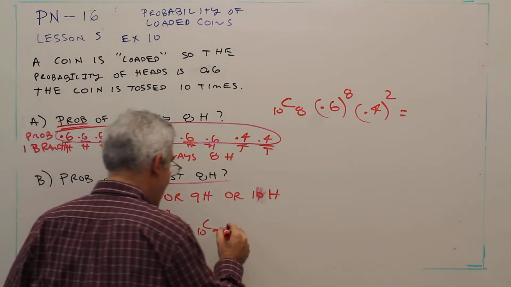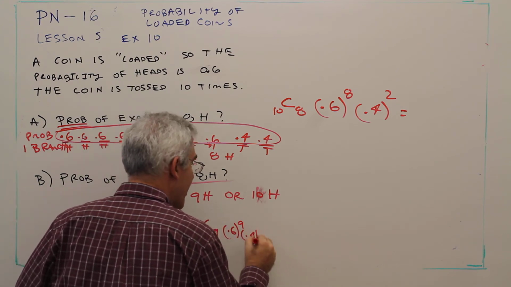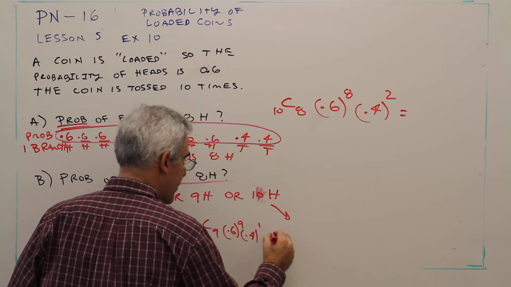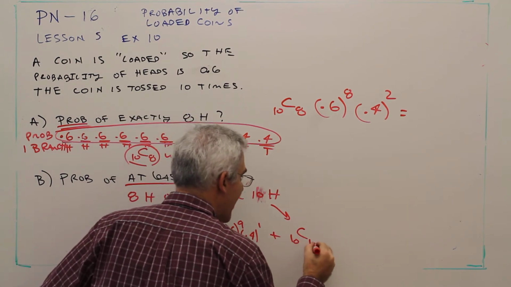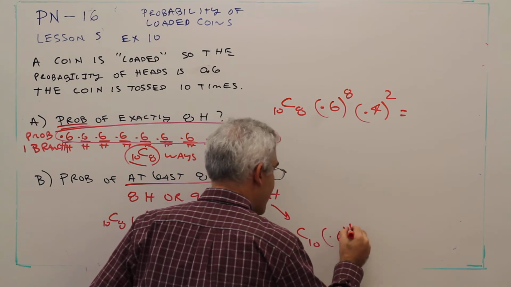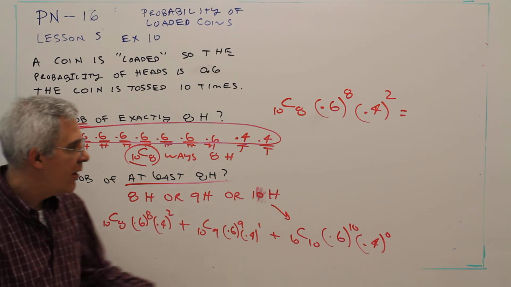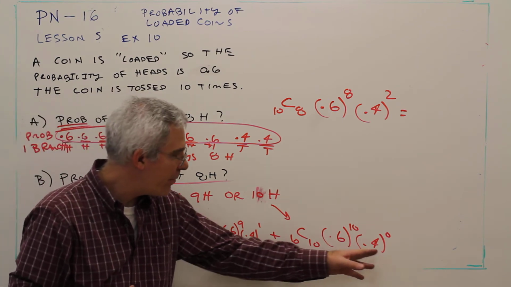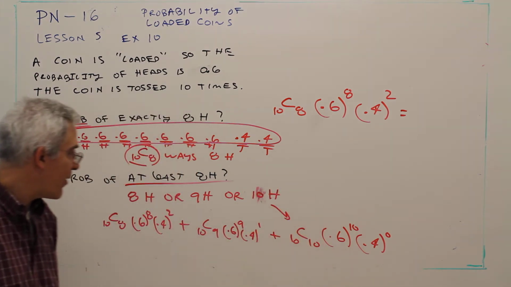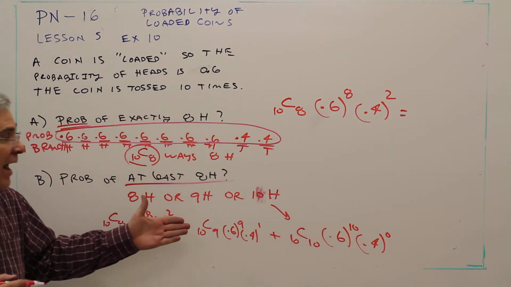If I got 9 heads, that's 0.6 to the 9th, 1 tail, 0.4 to the 1. Or 10 heads, 10 choose 10, 0.6 to the 10th, 0.4 to the 0th. Again, that's not really that exciting, but I'll just keep it with the same pattern. So this is how you would do it for 8 or 9 or 10.